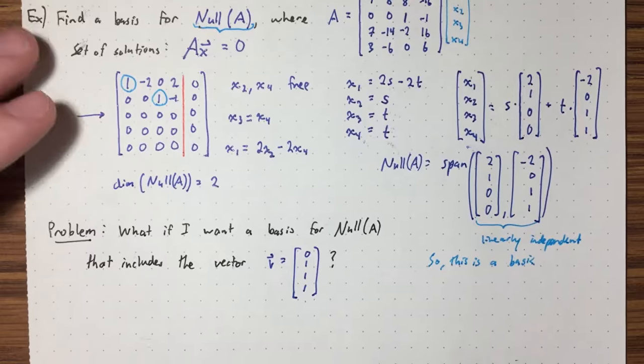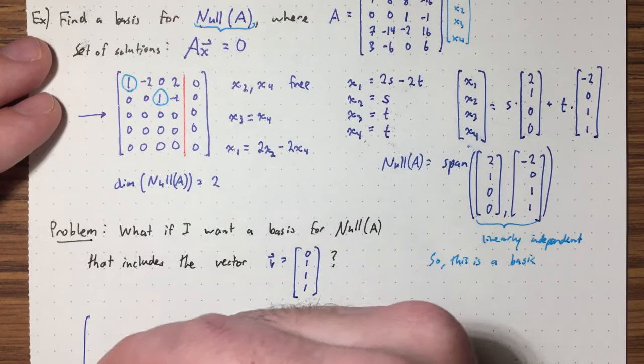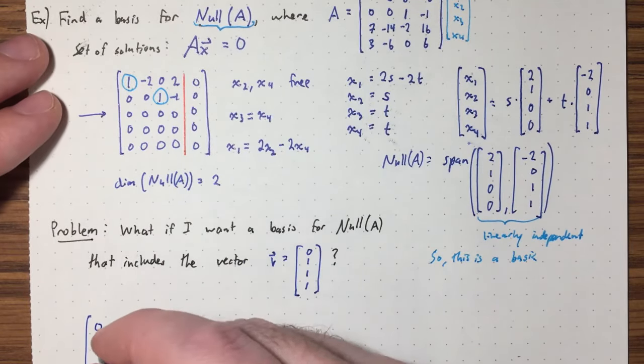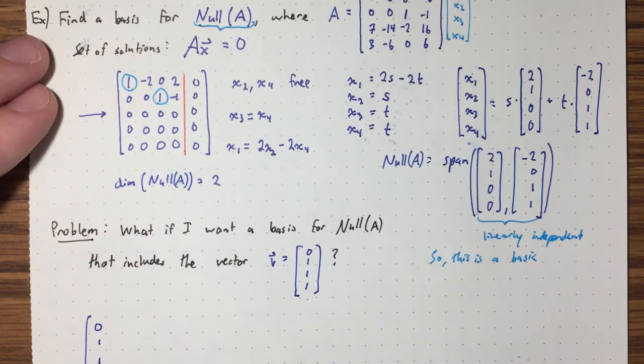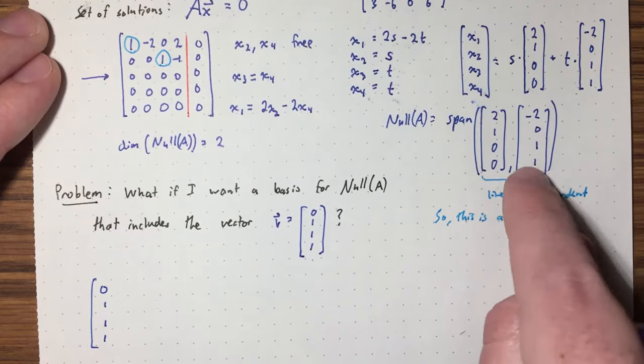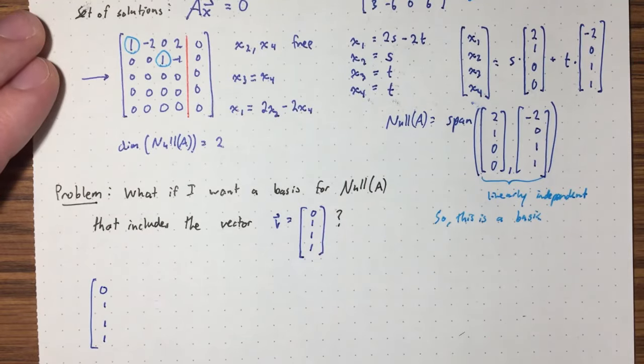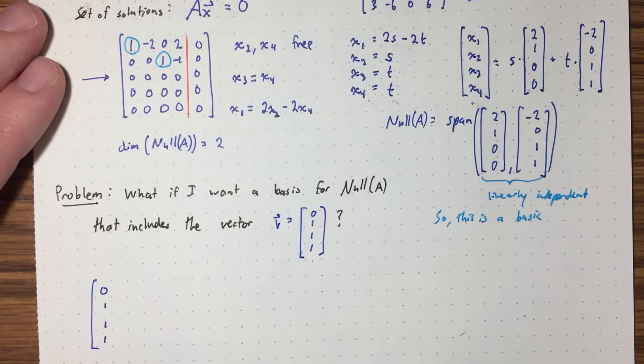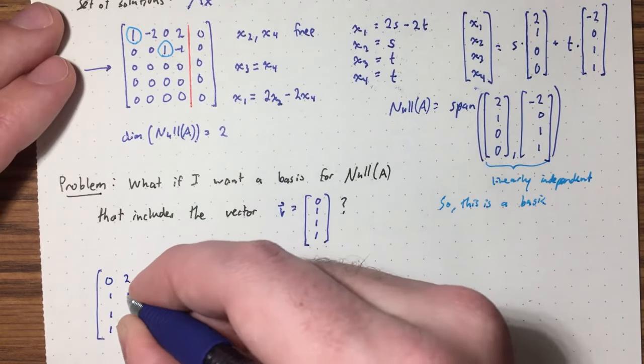So let me get you started, actually. I definitely want this vector, so I'll put that as my first column in the matrix. And then I know that these two vectors are a basis for the null space of A. So I'm going to put those as my second and third columns.